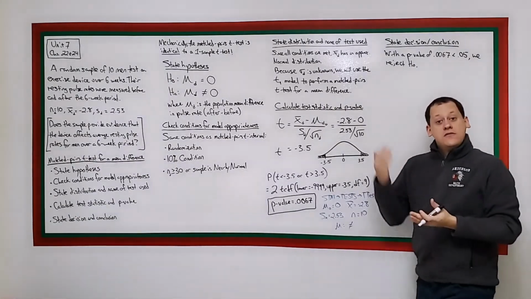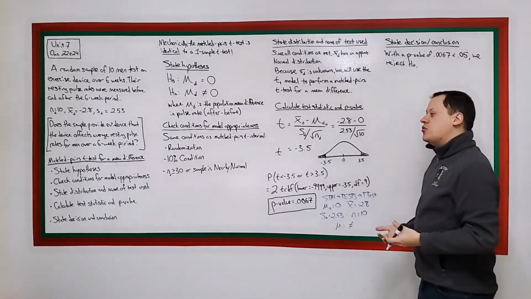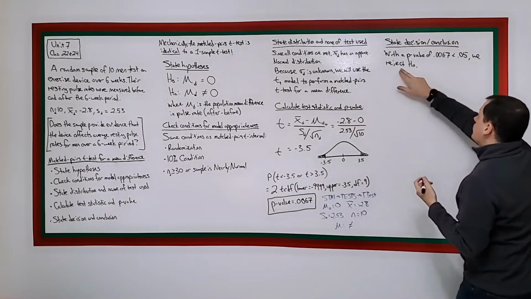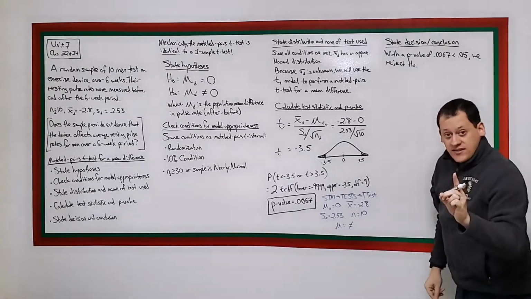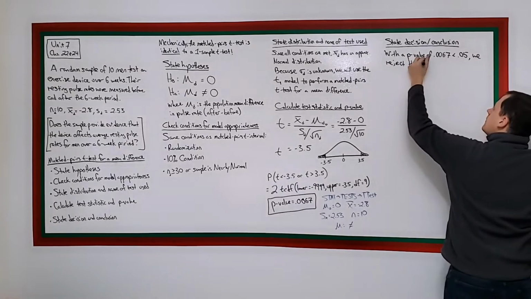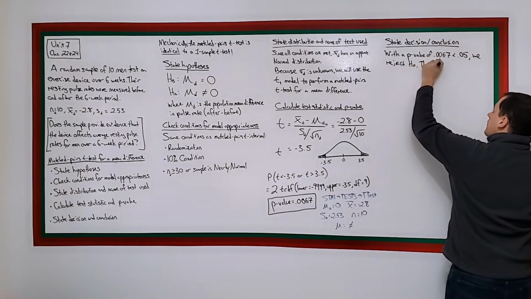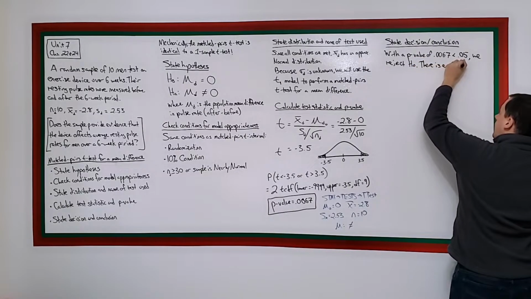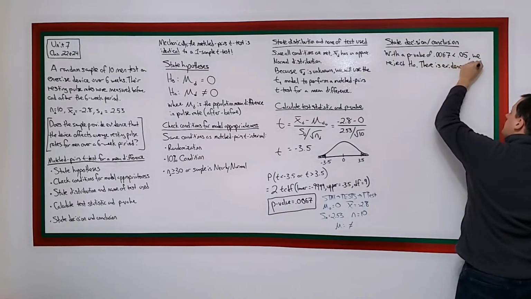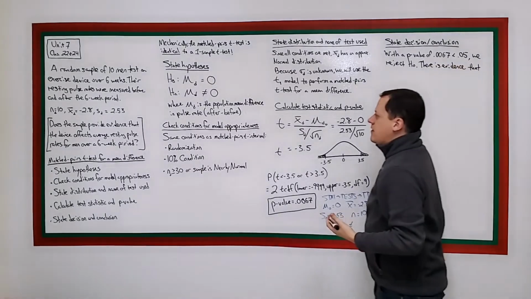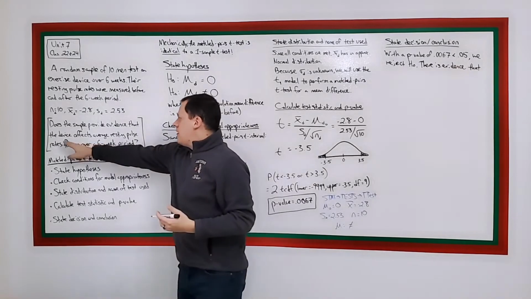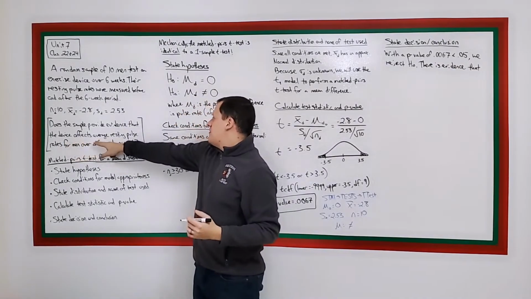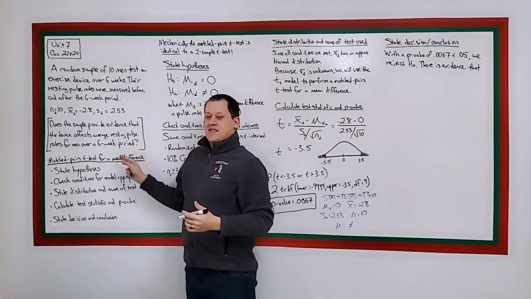Now, once you've said this, you can make your conclusion. If we're rejecting the null hypothesis, that means there's evidence of something. There is evidence that the exercise device affects average resting pulse rates for men over a 6-week period.